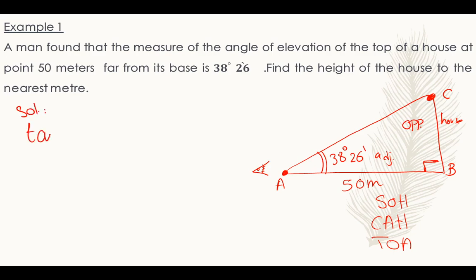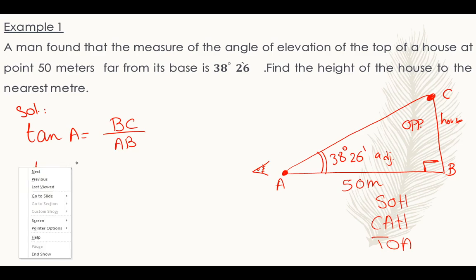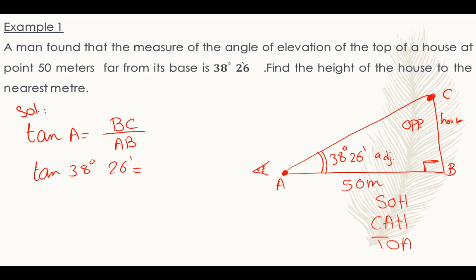Solution: tan A equals opposite over adjacent. The opposite, which is the height of the house BC, over the adjacent AB. So tan 38 degrees and 26 minutes equals the unknown BC over the adjacent AB, which is 50.